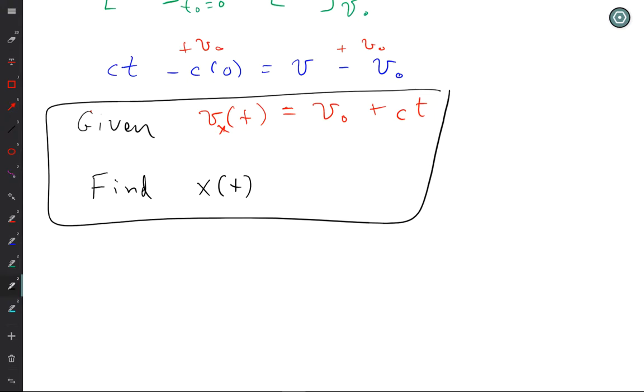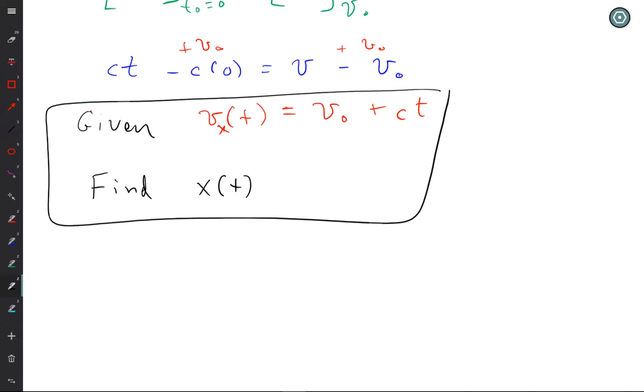So we have dx dt is equal to, and because we have to separate them onto different sides, that's the next step.